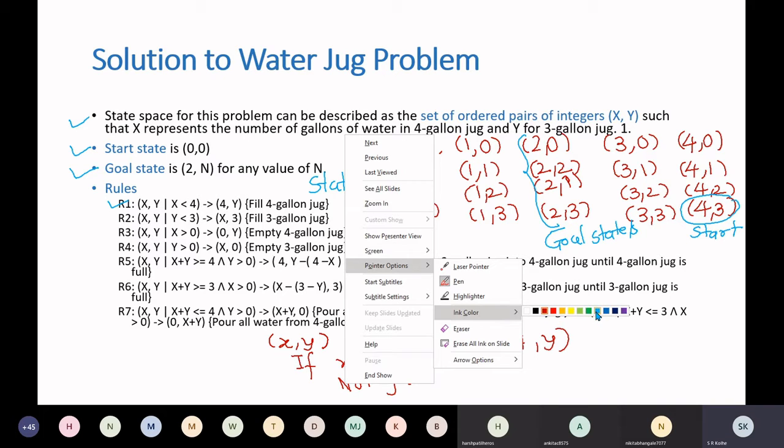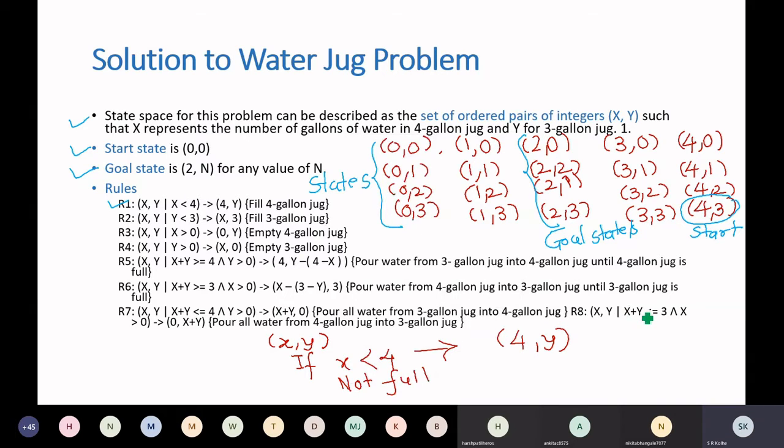In simple words, I can say: fill the 4-gallon jug. It was not full, so if I want to fill it completely, I will apply this step.